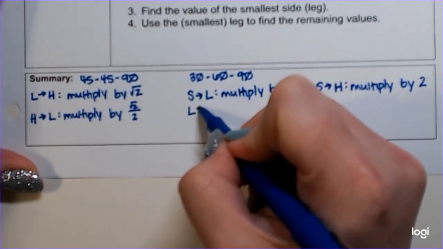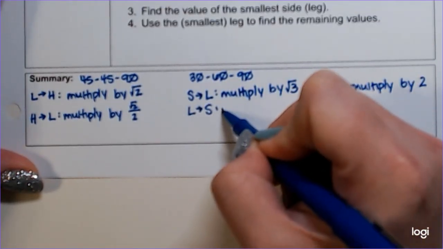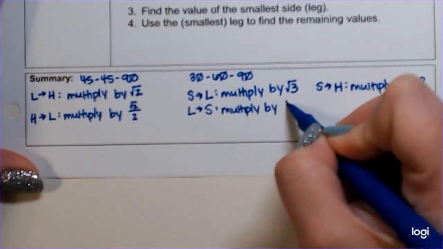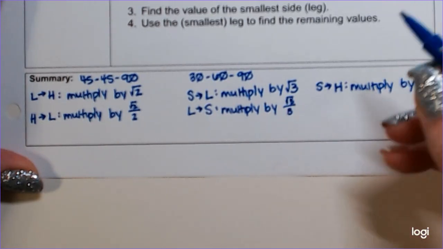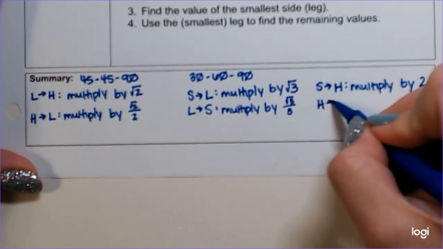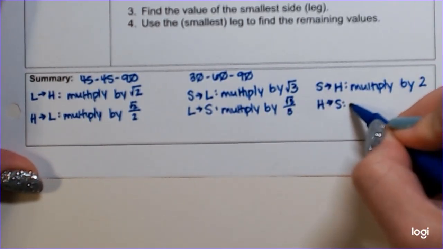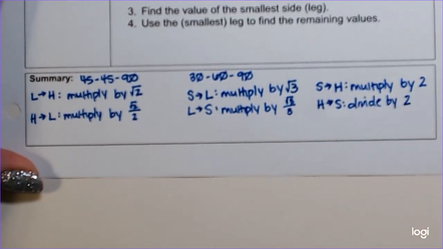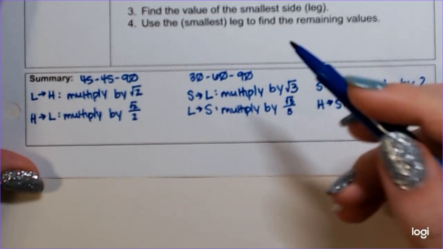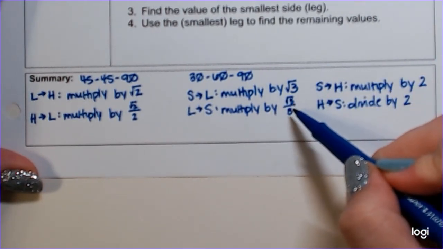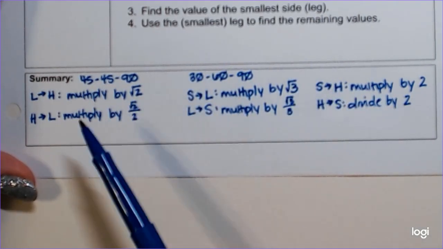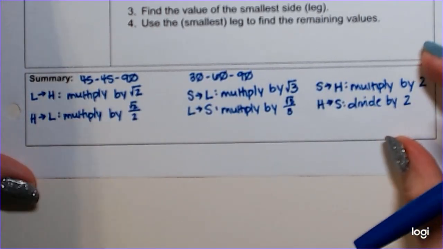Then the opposite direction, long to short, multiply by square root of 3 over 3. And hypotenuse to short is divide by 2. So with these 6 rules, we are able to figure out any 45-45-90 and 30-60-90 side lengths.